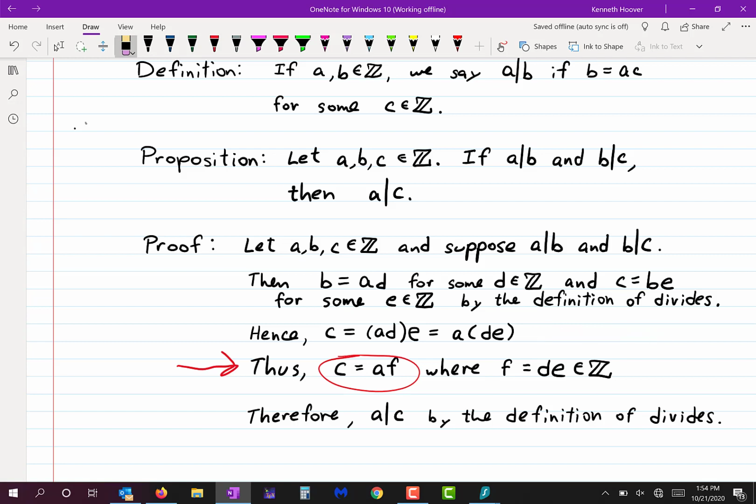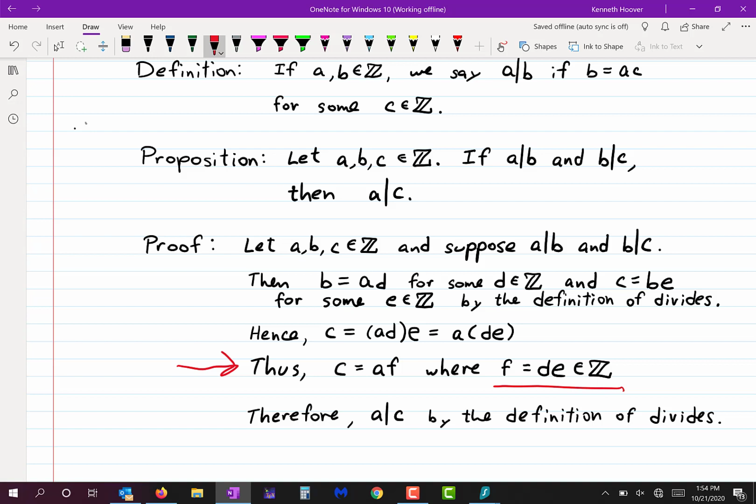So what I circled there, C equals AF, that's simply giving DE a name of the single letter F. And what else have I done in that line? Pointed out that that is an integer. Okay? Why is DE an integer? Because D and E are both integers, and when you multiply two integers together, you have an integer.